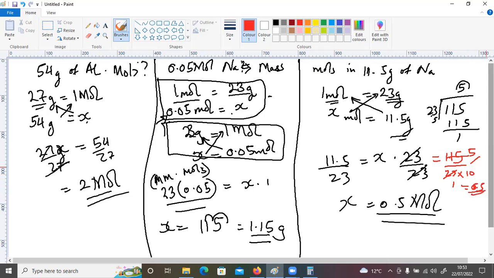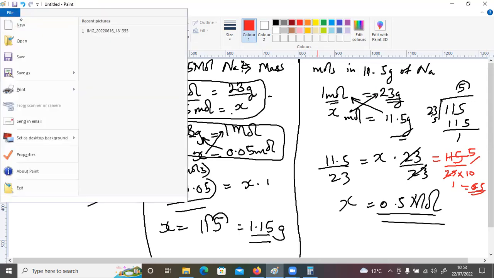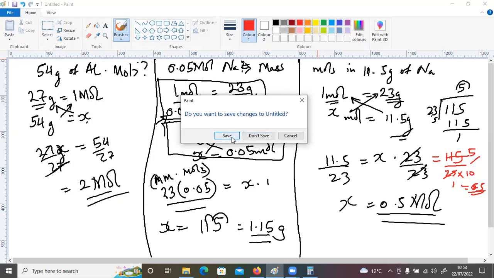Not important, but it might help you somewhere else. Okay, so we have dealt enough. I think those are enough exercises to deal with the moles of simple atoms.